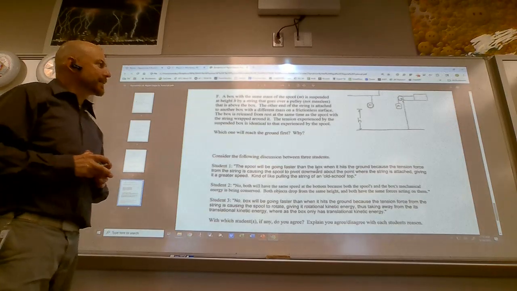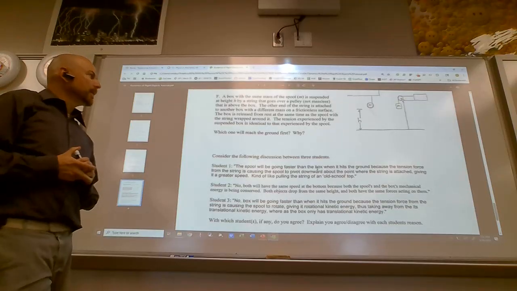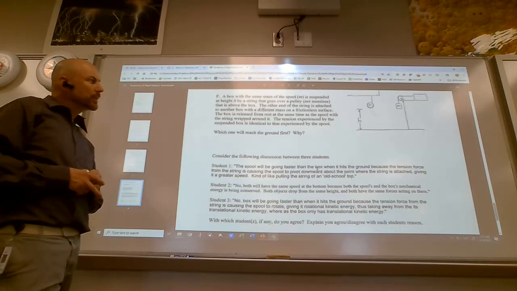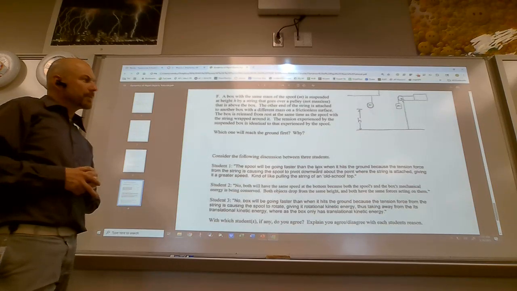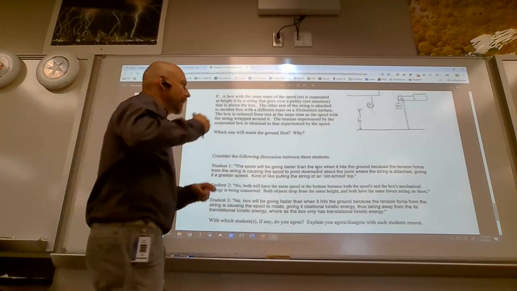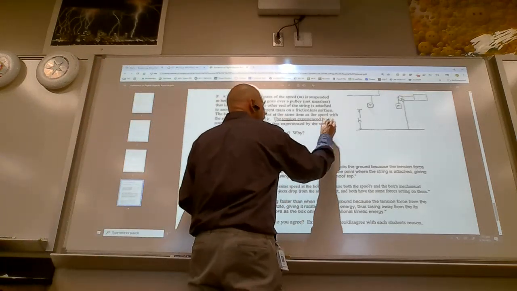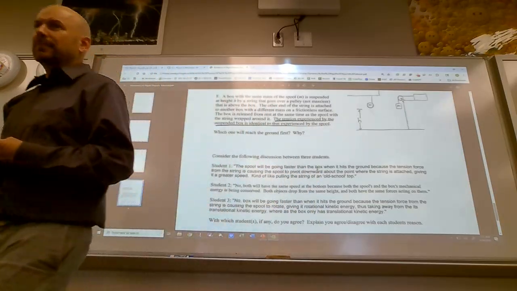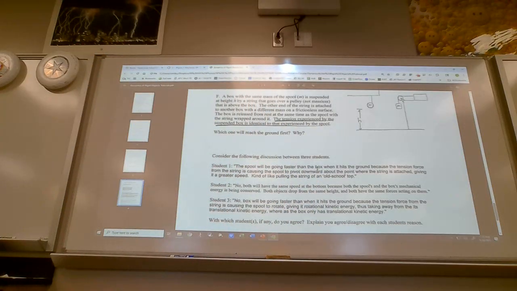The box is released from rest at the same time the spool is released. The tension experienced by the suspended box is identical to the tension experienced by the spool. So this statement here is very fabricated. I magically made that statement true. I doctored the situation, and I'm not saying it's impossible. I'm just saying it's a super special case. They have equal tensions.